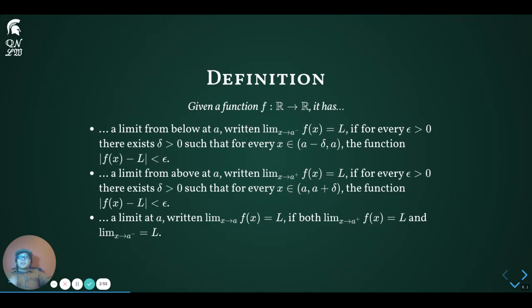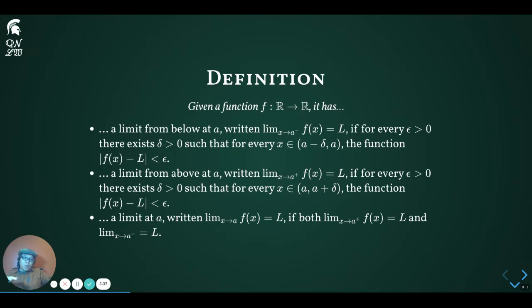While looking at these definitions, you should mentally compare what it says to the infinite limit cases and think about the similarities. Given a function defined on the real line, we say that it has a limit from below at a point a, where in symbols we put a minus superscript next to the a in the limit notation, if for every positive epsilon there is a positive delta, such that on the interval from a minus delta to a, the function f is not different from L by more than epsilon.